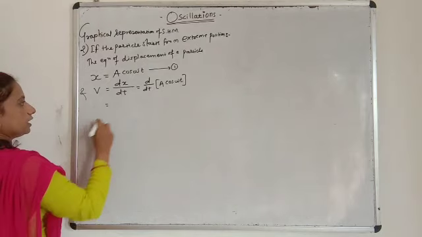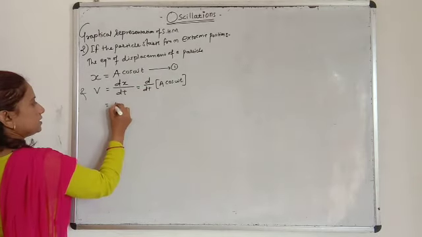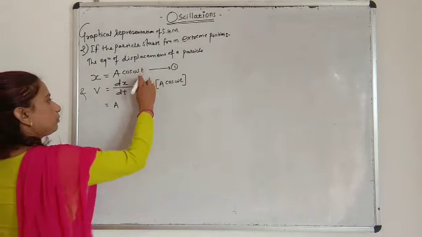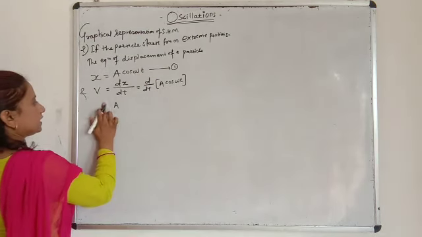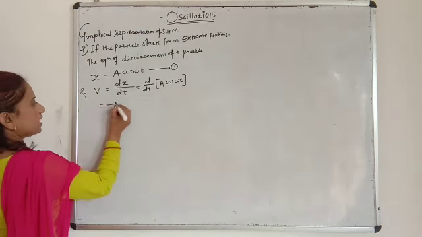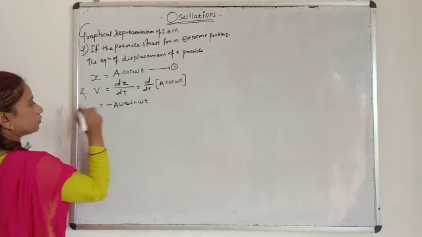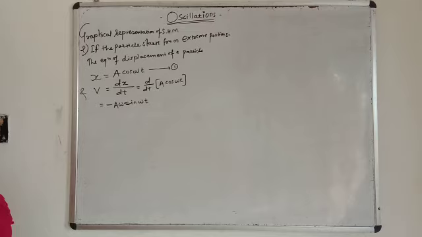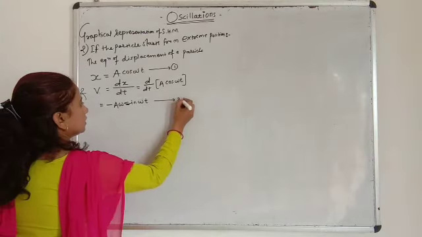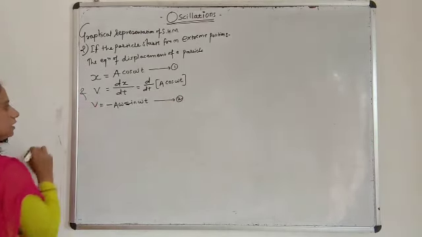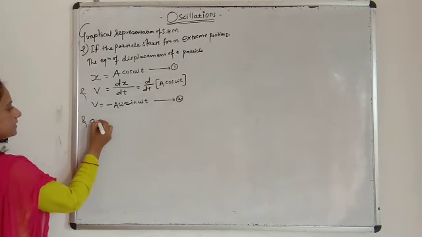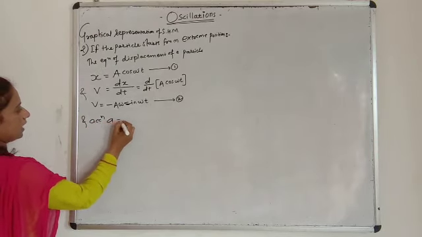So here a is constant, d by dt of cos omega t is minus sin omega t into omega. This is the velocity v, and then acceleration small a.